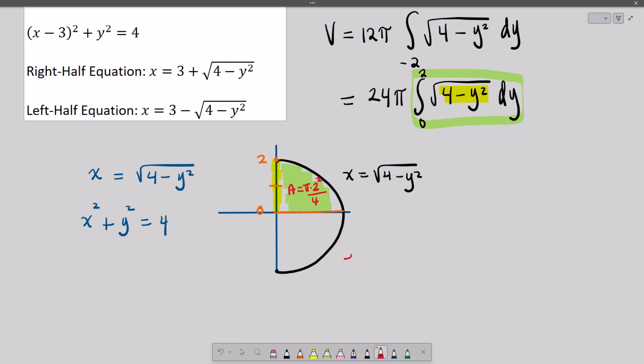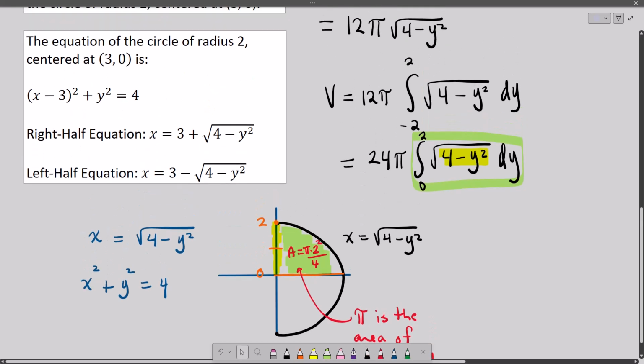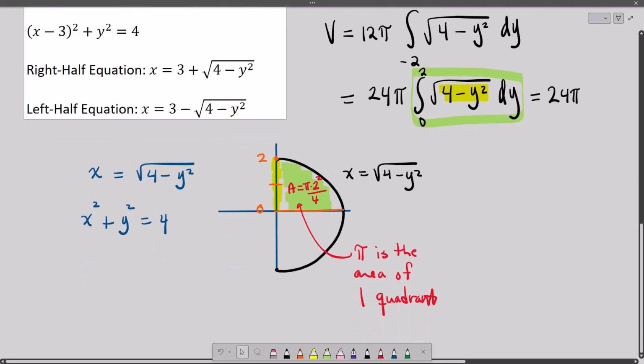So the area right here is just pi. Area of one quadrant. So this integral up here can be replaced with pi.